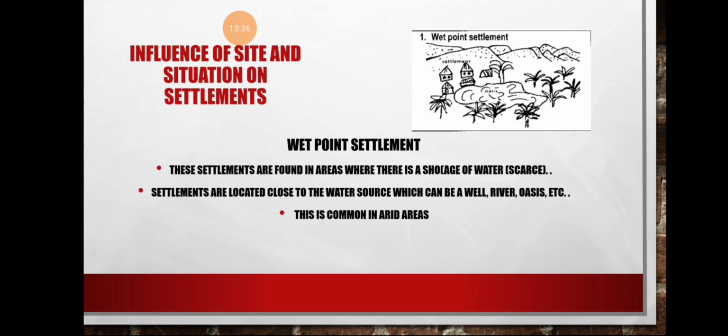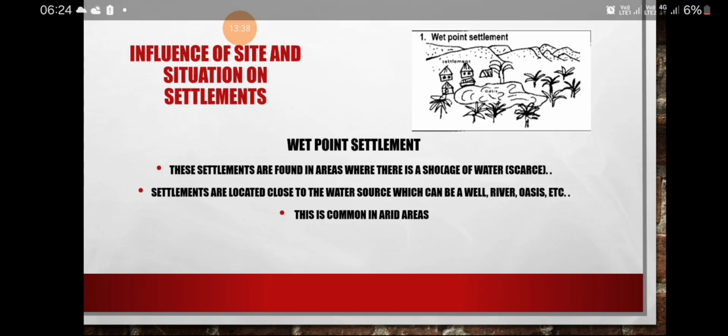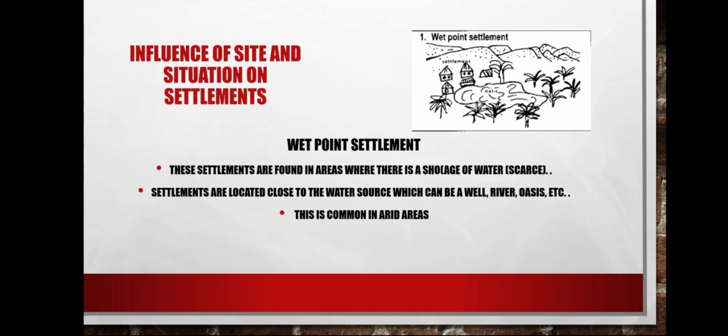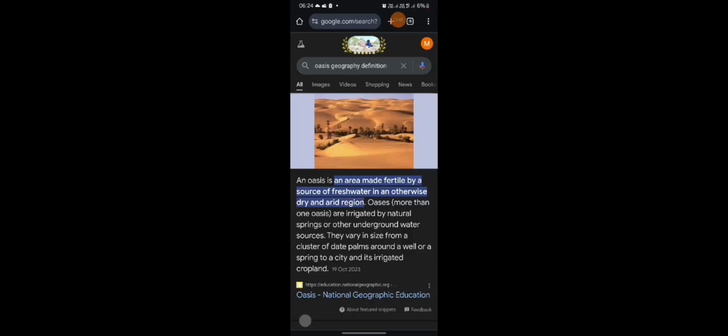Let me show you what is an oasis. It says an oasis is an area made fertile by a source of fresh water in an otherwise dry or arid region.